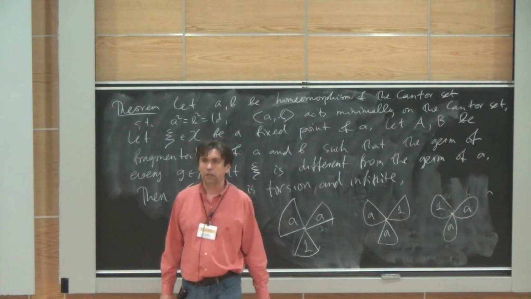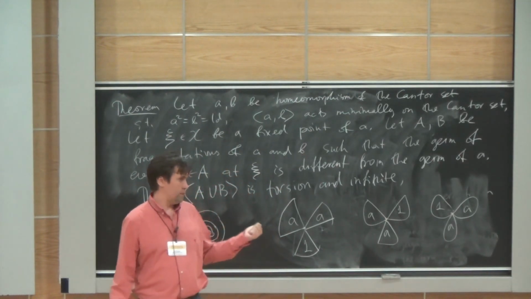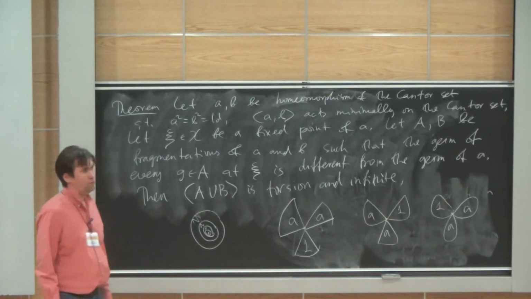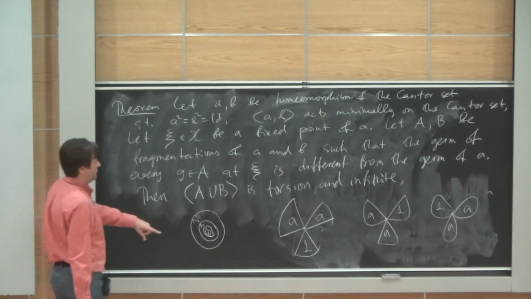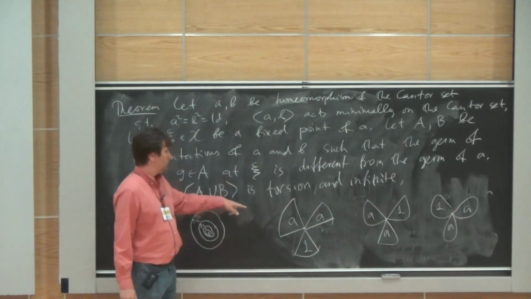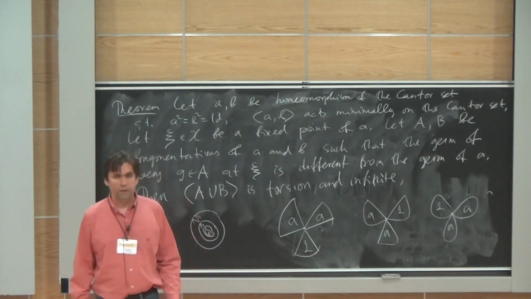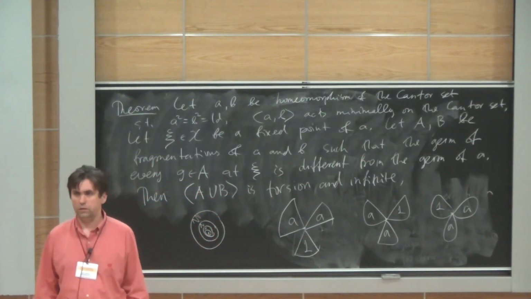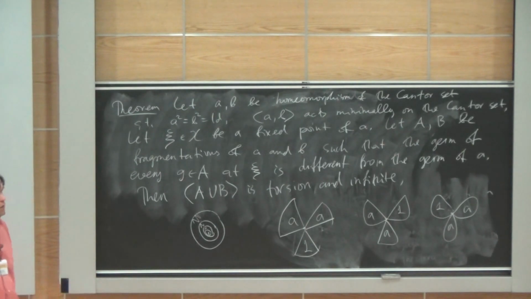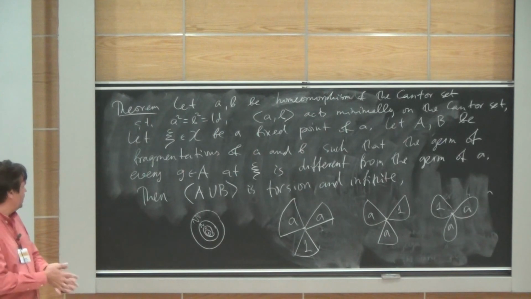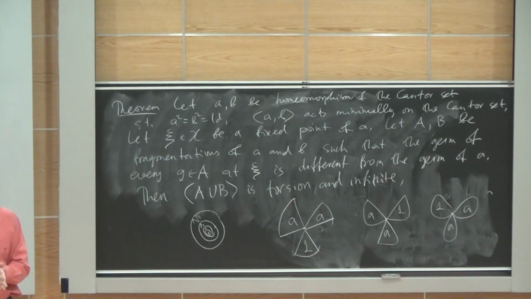So the germs of all elements of this group are different from the germs of A. So this satisfies the conditions of the theorem, and the group generated by this and B will be a finitely generated torsion group. So it is an answer to a famous old problem, which was answered many times using different methods. But this method produces very small groups. I'll discuss this in more detail tomorrow.